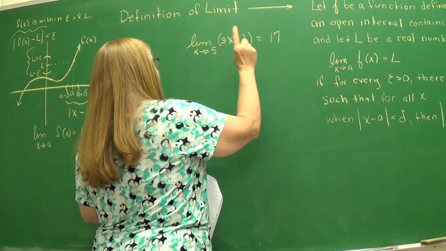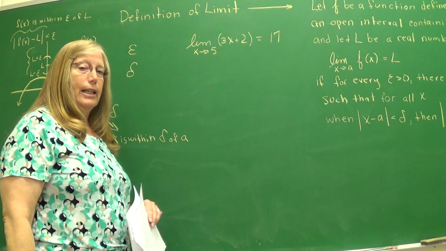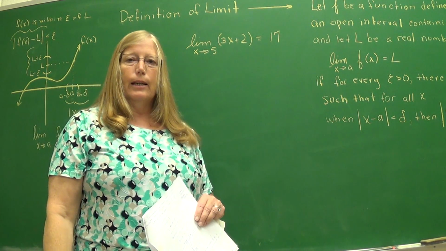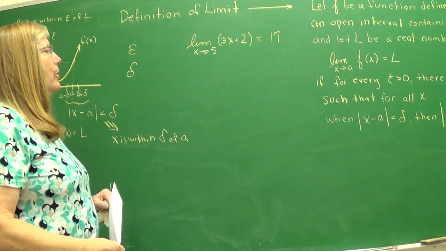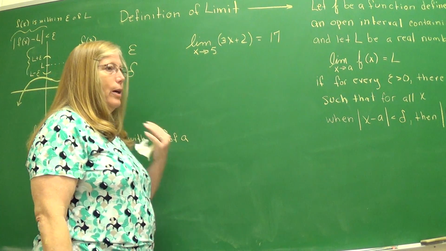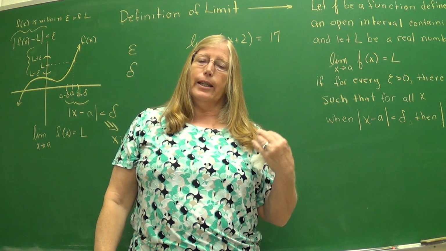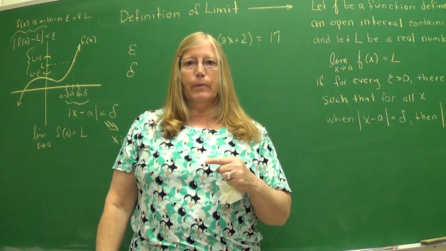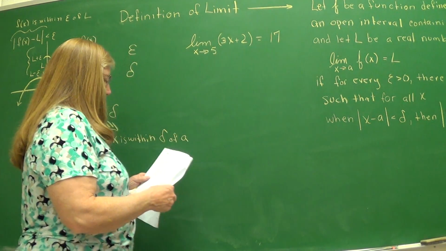So now I'm going to use the definition of limit to prove that 17 is indeed the limit. To do that, I have to find a rule, a delta for any epsilon. No matter what epsilon I give you, you have to give me a rule for delta that will get me within epsilon of L. So here's how I'm going to do that.